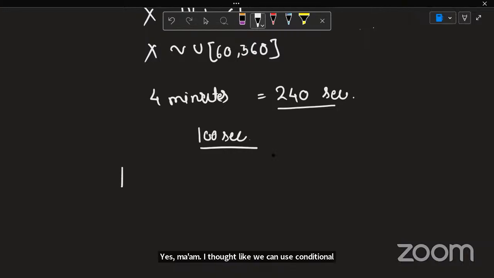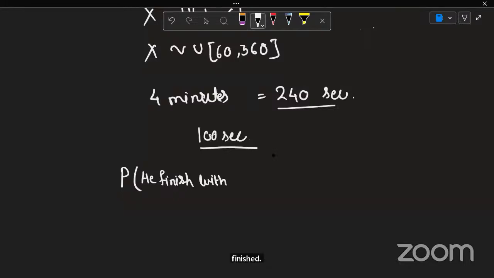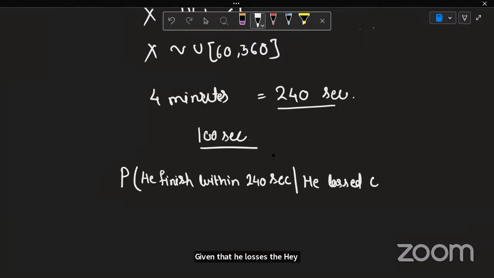Yes. So we have to calculate the probability that he finishes within 240 seconds, given that he lost the challenge, right? This is the question.